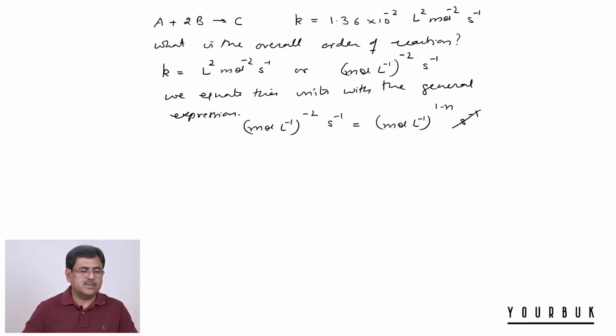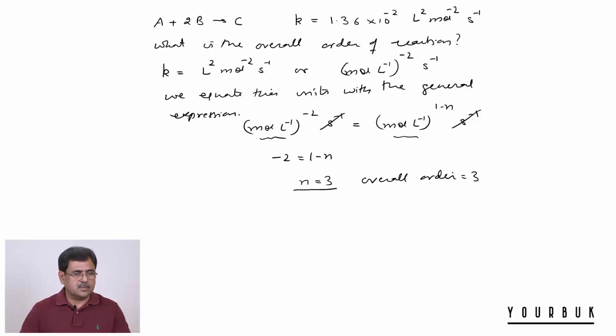So the time inverse gets cancelled, and since the base is the same, you compare the exponents. Minus 2 is equal to 1 minus n, and n equals 3. So the overall order of the reaction is equal to 3, but we don't know the order of the reaction with respect to A or with respect to B. We only know that the overall order of the reaction is 3.